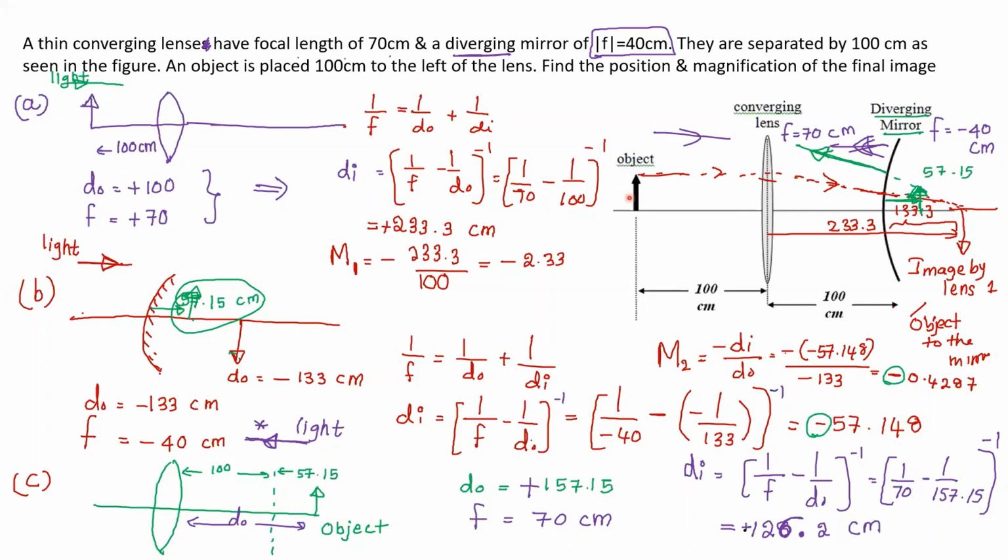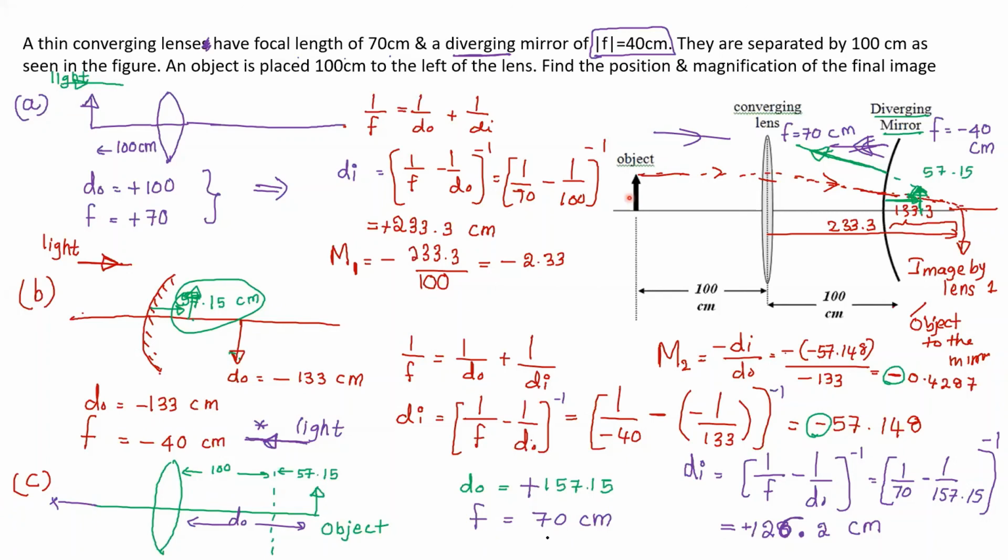So looking at this diagram, can you tell me where should DI be? Positive means which direction? For DI, positive is this way, right? It is opposite direction to the light, opposite side to the light. So your DI will be somewhere in this side.